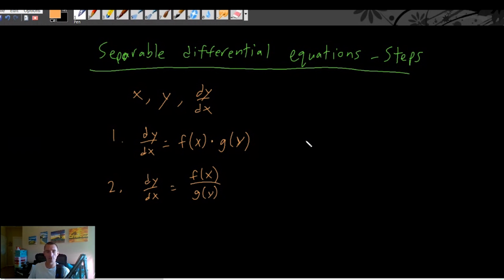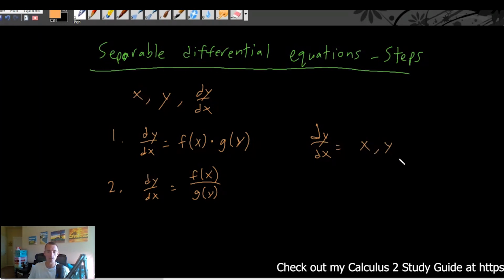We may have some situation where we have x's and y's all mixed together on one side of our equation. So maybe we have dy/dx equals something with x's and y's in it, but maybe we can factor this out to get us into one of these two forms.